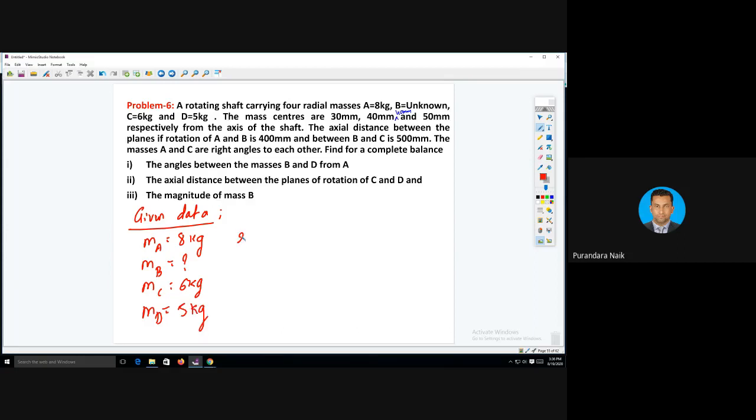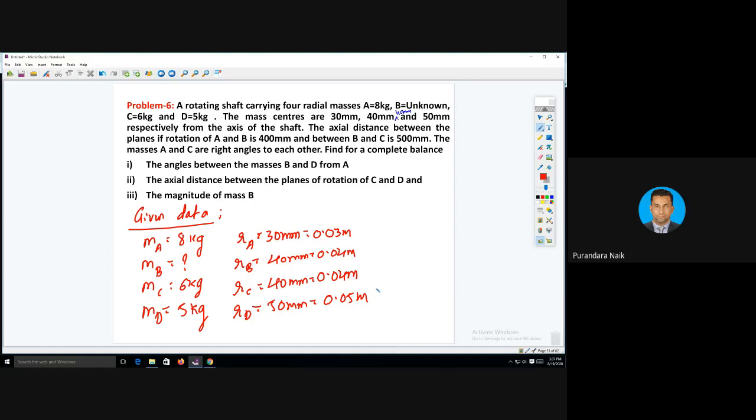The corresponding radius RA is equal to 30 millimeter, which is equal to 0.03 meter. RB is equal to 40 millimeter, which is equal to 0.04 meter. RC is equal to 40 millimeter, same, equal to 0.04 meter. Last one, RD is equal to 50 millimeter, equal to 0.05 meter. So this is the given data.